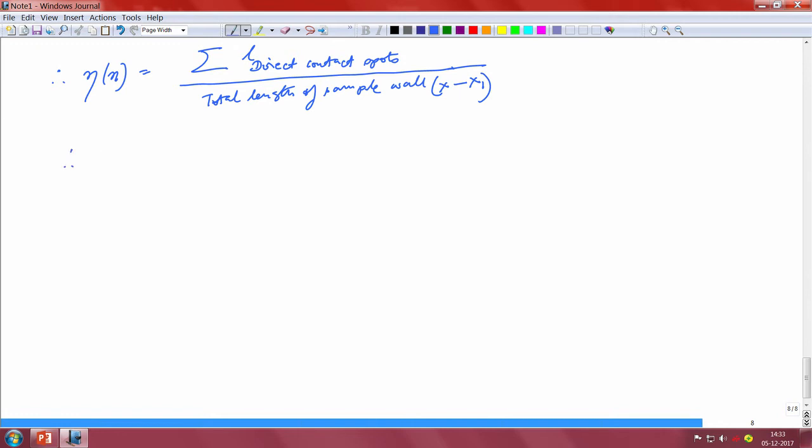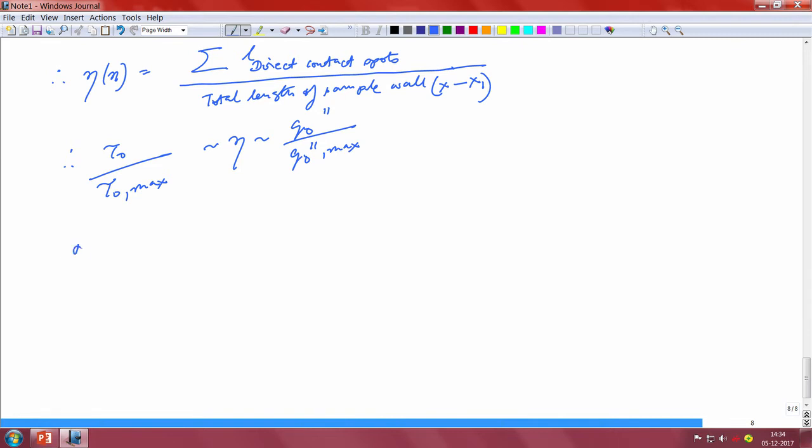Therefore, your tau naught divided by tau naught max should be a function of this eta, and this should be similar for your q naught double prime divided by q naught double prime max. Got it?